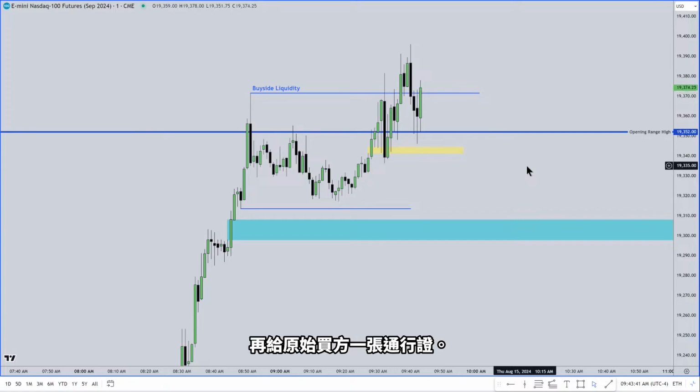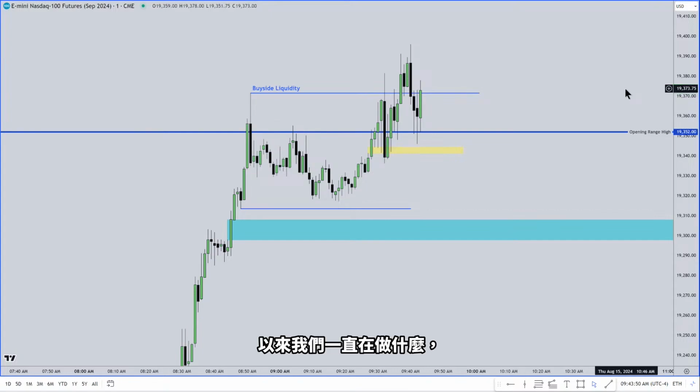Okay, one more pass into the original buy side right here. If you look back at what we've been doing since Tuesday, as I mentioned on that day, I said, even if it wants to keep going higher, it's okay.